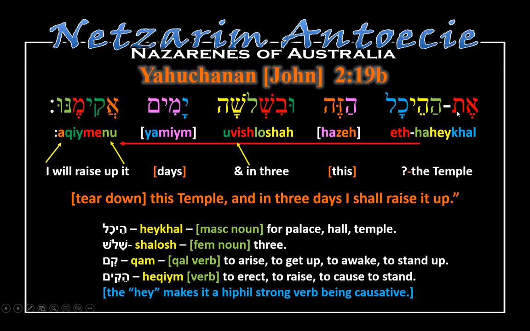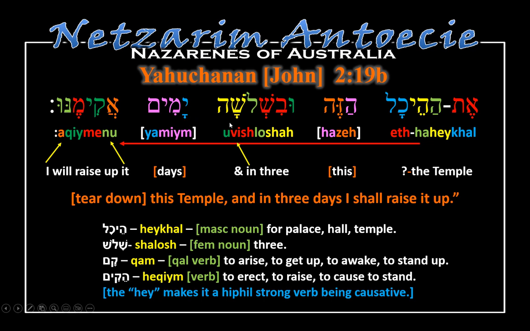And we read it: et, grammar marker, ha, hekal. Hekal means temple, the temple. Ha-ze, this, uvish-lo-sha, and the vav is in 3, because shalosh is a feminine noun meaning 3, and of course hekal is a masculine noun. It can mean palace, hall, or temple.